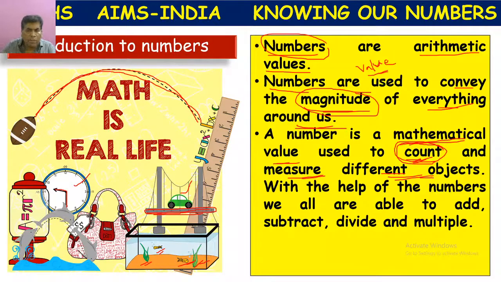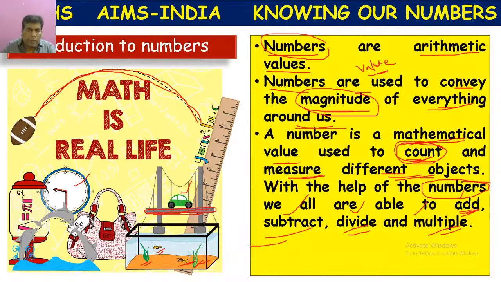So with the help of numbers, we are able to add or subtract or divide or multiply. These four kinds of mathematical operations are possible with the help of numbers.